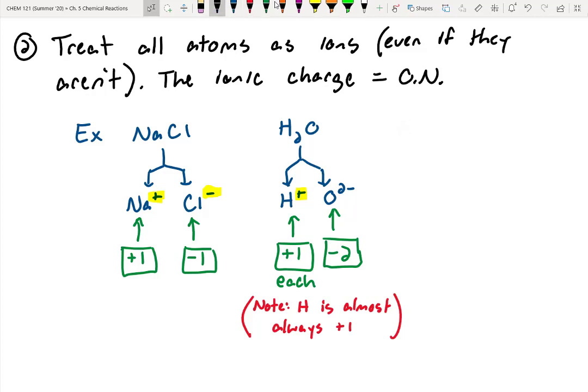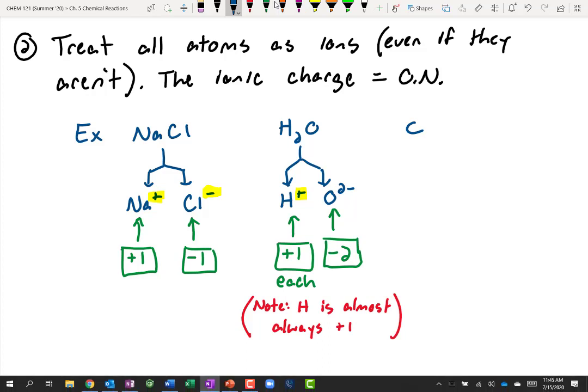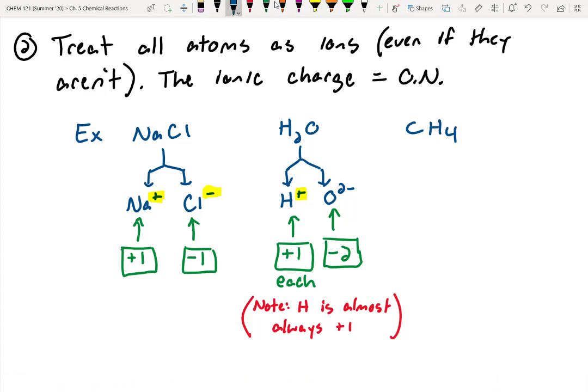Let's try doing something like CH4. Okay, so this is CH4, that's methane. It's natural gas. It's what a lot of us use to heat our home. This is a covalent compound just like water, but we're going to pretend like it's ionic to find the oxidation number.